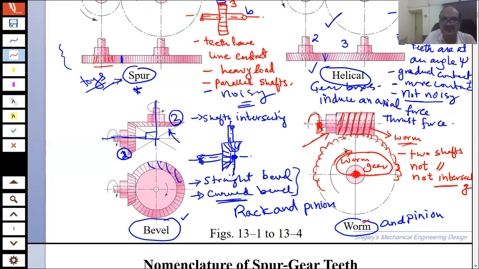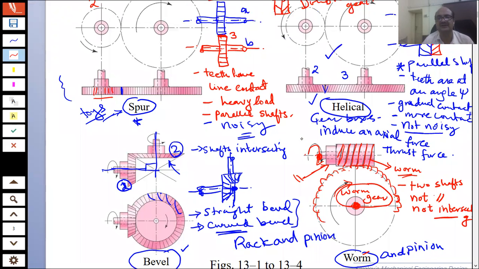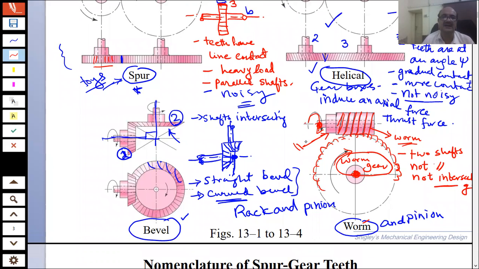So generally with this type of gear system, it is only one way. And again, there is a very high velocity ratio in these types of gear systems. You can go in hundreds of velocity ratio for these types of gears.